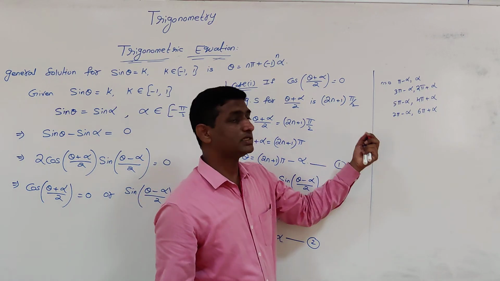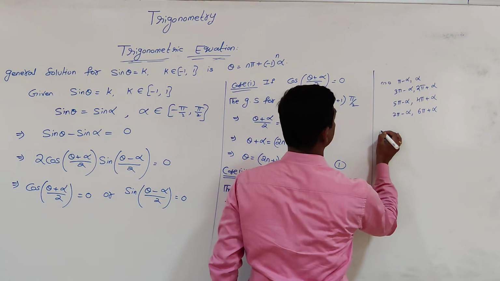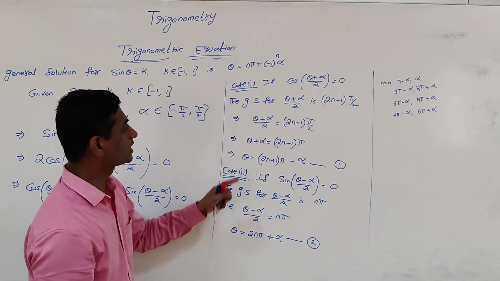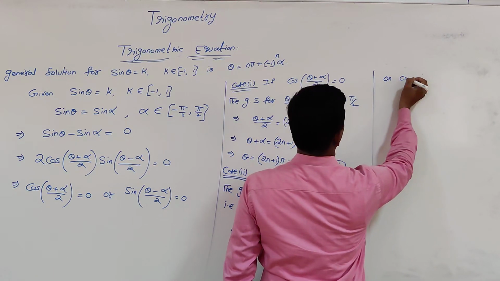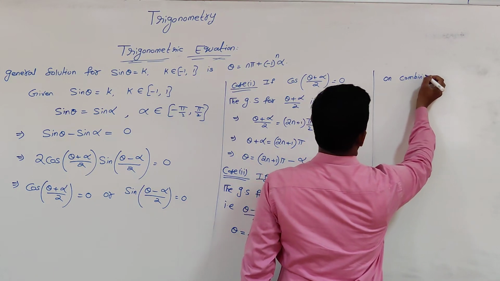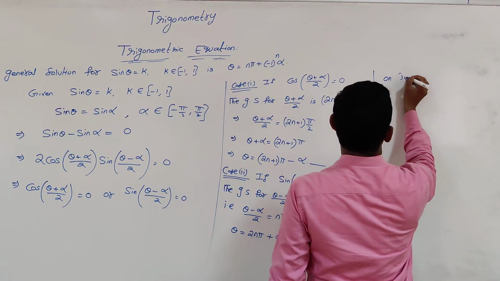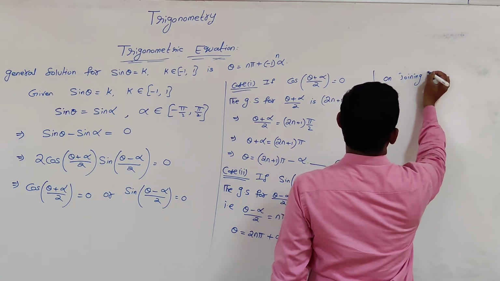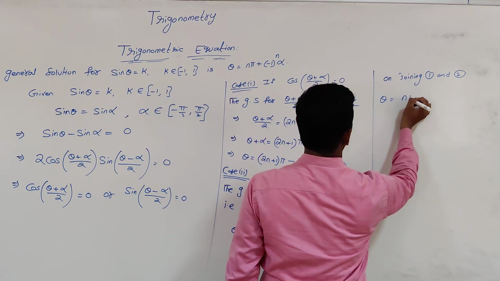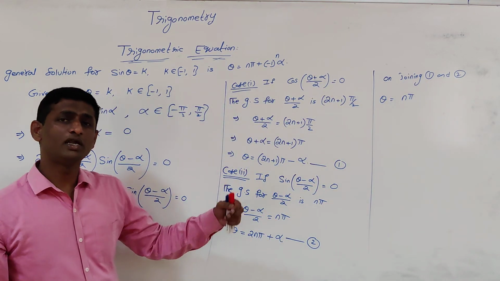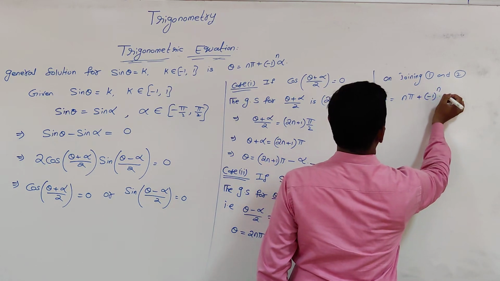one is negative and one is positive. On combining 1 and 2, theta will be n pi, all multiples of pi, plus minus 1 whole to the power of n into alpha.